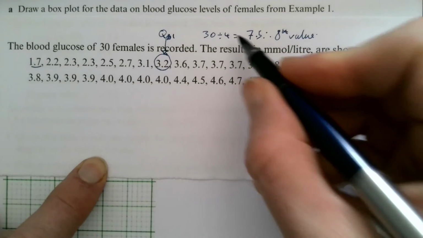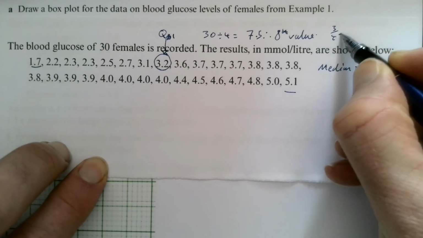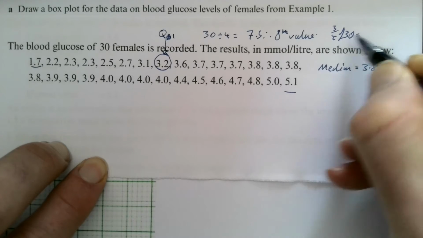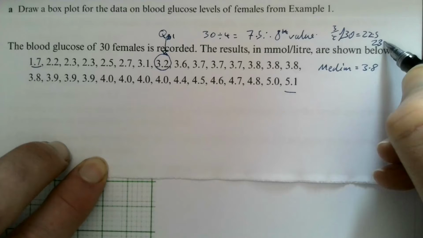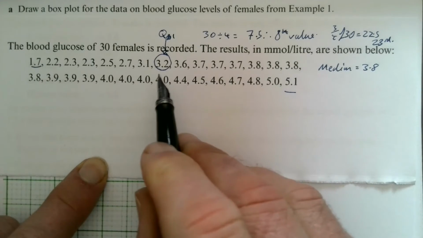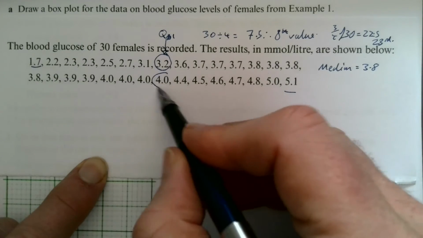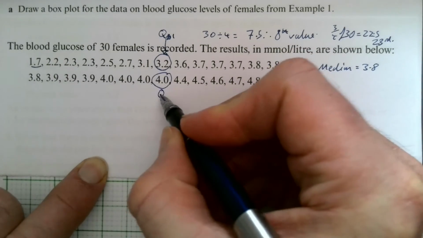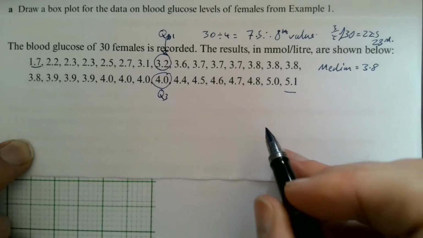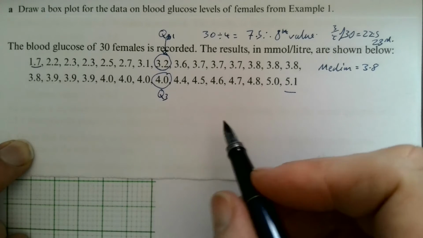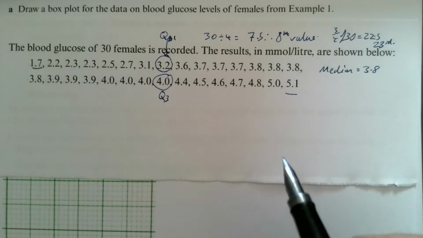So 3/4 of 30 is, we did this last time, didn't we, 3 times that, which is 22.5, so we're looking for the 23rd value. So that's 15, 16, 17, 18, 19, 20, 21, 22, 23, and there was that one directly underneath there, so that is Q3. Now, that means that Q1 is going to be there, Q3 is going to be there.